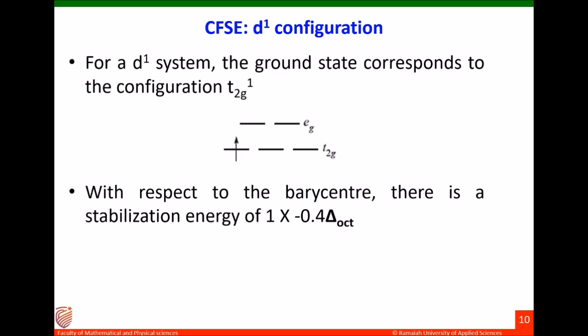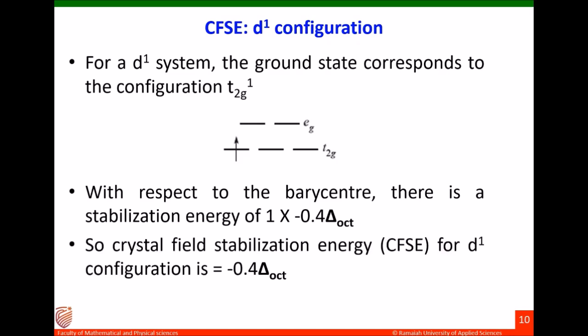That means for D1 configuration, the crystal field stabilization energy is minus 0.4 delta octahedral. How does that value come? Only one electron is in T2g, and the energy value of one electron in T2g is minus 0.4 delta octahedral.